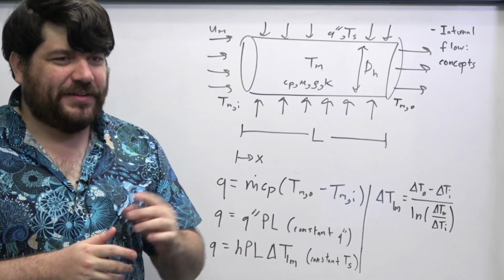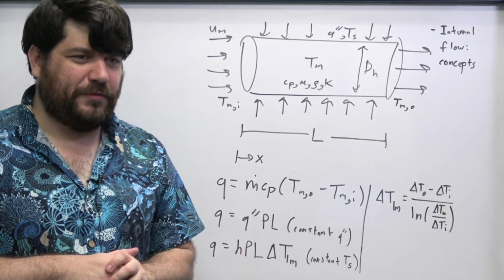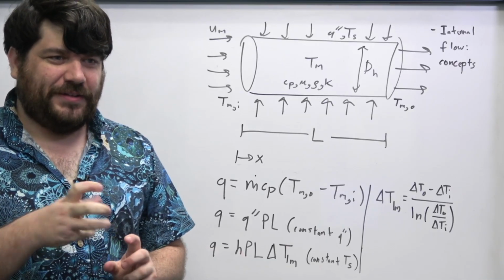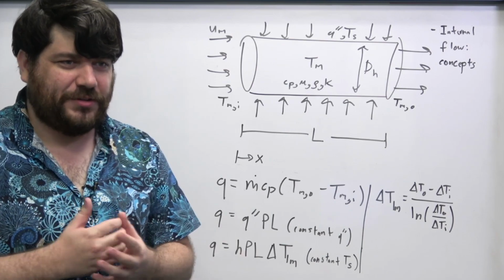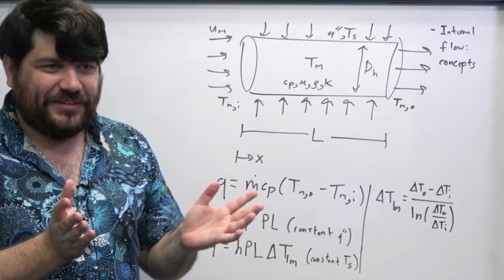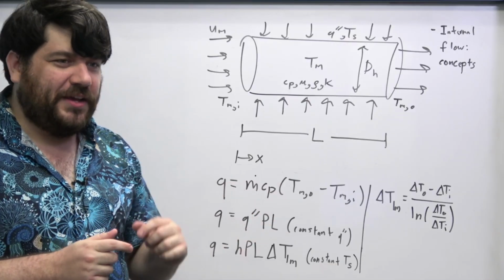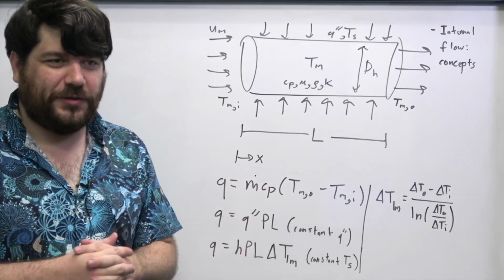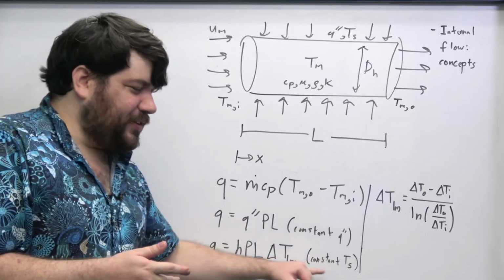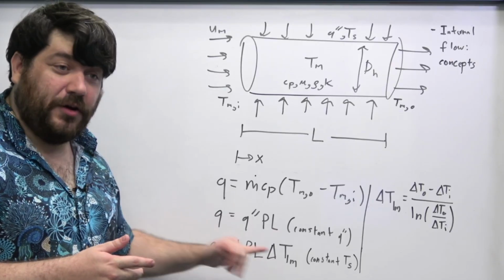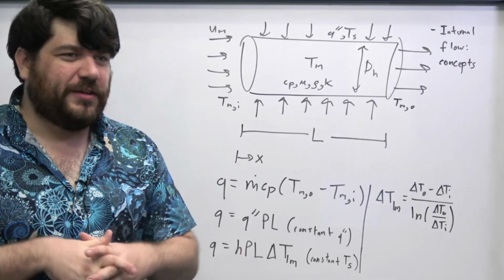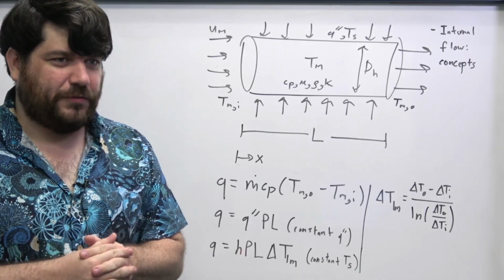And we can get that by taking the equation that we had written down before for the exponential profile of the temperature difference between the surface and the fluid, that delta T as a function of x, and plugging it back into this golden rule of heat transfer. And what we inevitably find is that in order to make this equation work, the temperature difference that we need to use is what's called the log mean temperature difference.